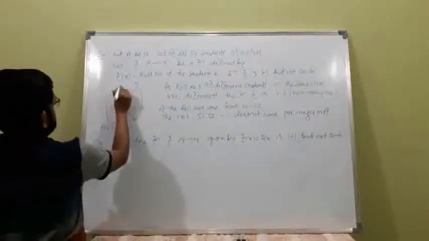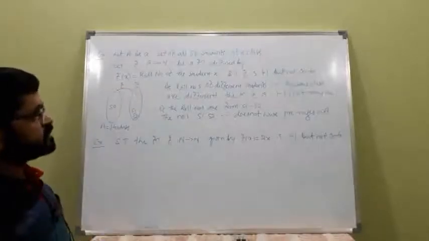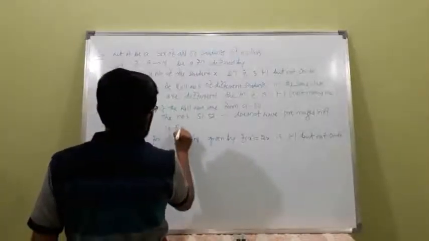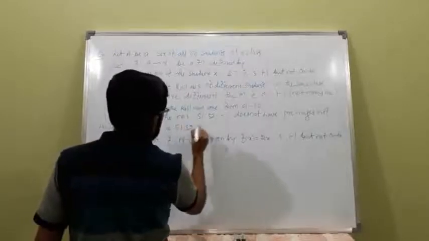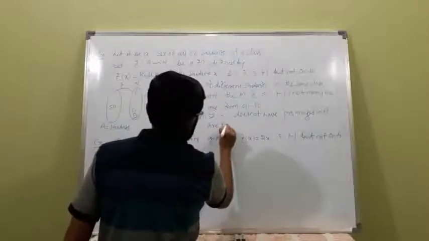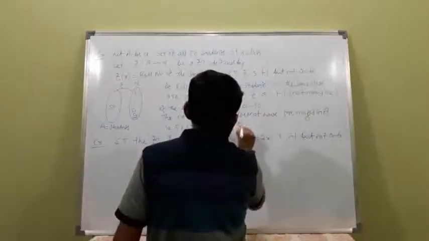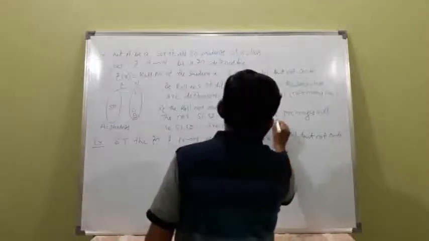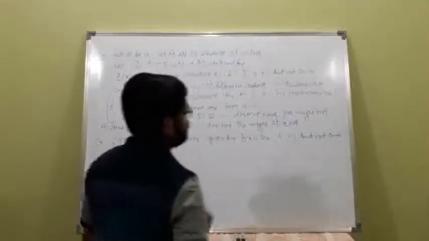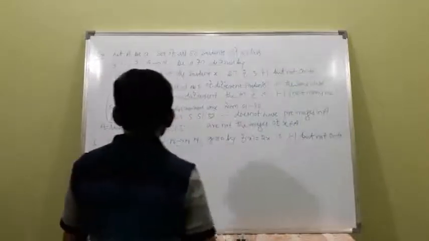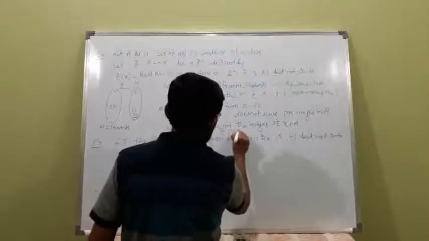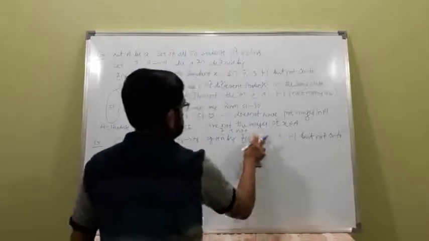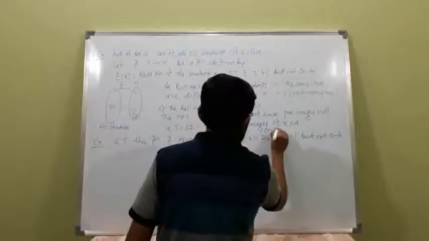Pre-images, f is roll number. Pre-images in A. Therefore, f(1), 51, and so on are not the images of x belongs to A. Therefore, f is not onto. f is not an onto function.